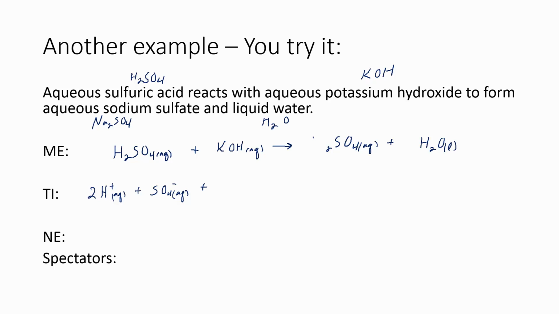I'm doing too many examples here. There we go. So potassium sulfate. I need 2 potassiums, and that's going to give me 2 hydroxides, so we need 2 of these. Now we have 4 hydrogens, 4 hydrogens, 6 oxygens, 6 oxygens. Good. All right, so that's balanced.